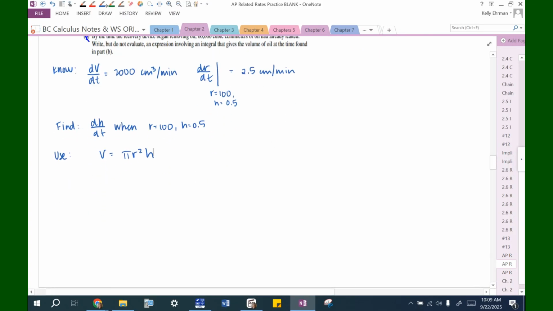So this is one where I cannot avoid the product rule. If I want to take the derivative of both sides of this equation, the left side is easy, dV/dt. The right side, you need product rule. So make sure you're not just multiplying these two derivatives together. So I'm going to do first times derivative of the second plus second times derivative of the first.